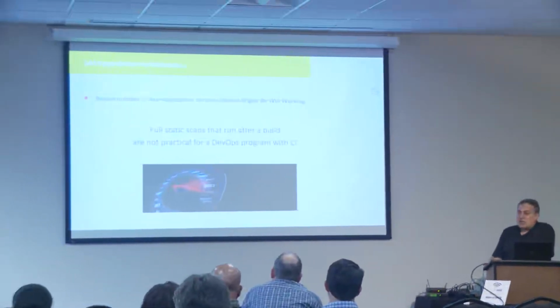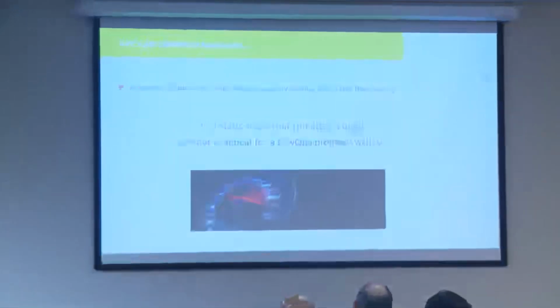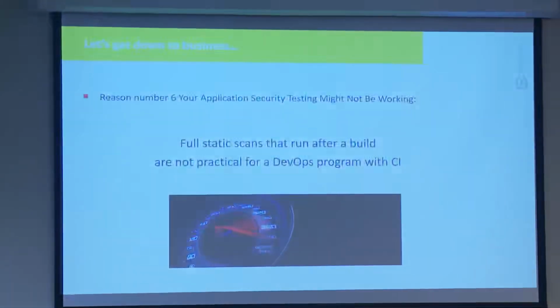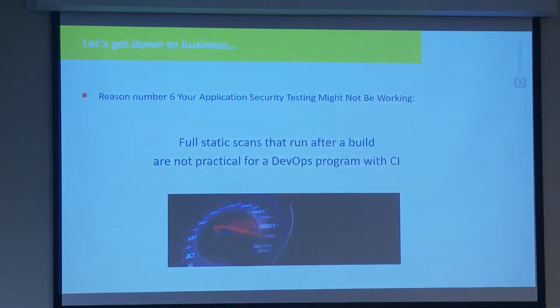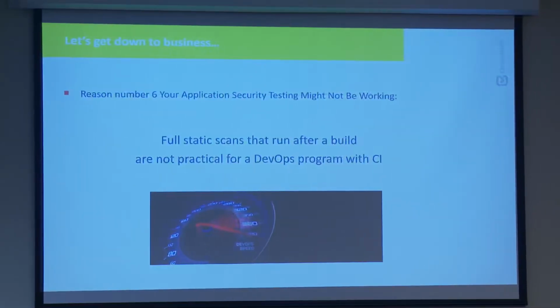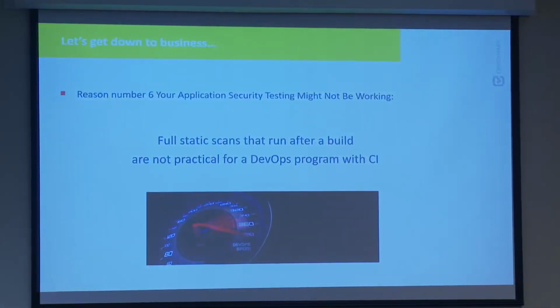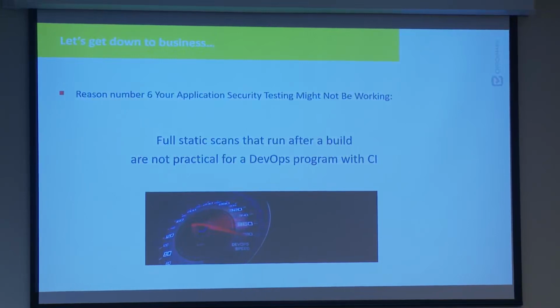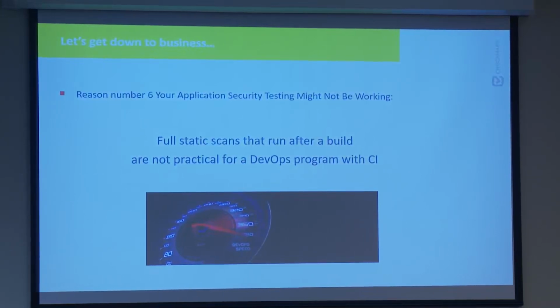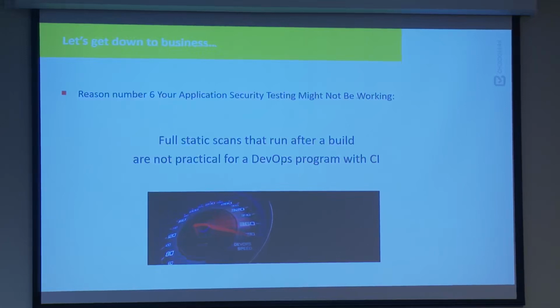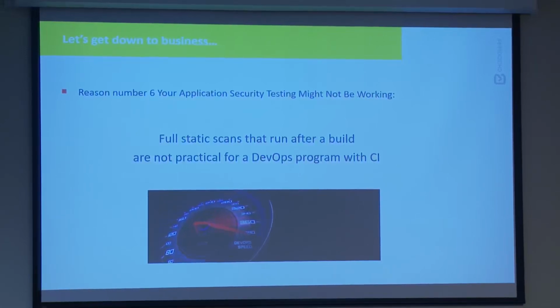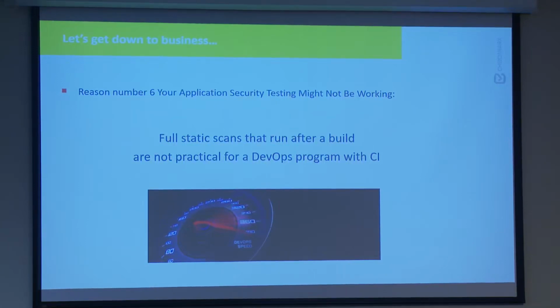Reason number 6, static tests. Of course, Checkmarx is a vendor, so we built our name in static analysis, so it's something that I understand very well. It's also one of the older technologies in application security testing as well. So static typically involves, again, if you run a full scan, a 2-hour, 4-hour process. If you're using one of the software as a service providers, you in some cases don't even know how long it's going to take.